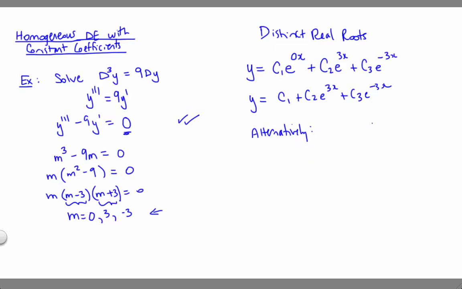One question that often comes up is sometimes people wonder about the order of the terms, and the idea here is that you can write these terms in any order that you like. So just to give you an idea of some alternative answers, you could have written, say, c1 e to the 3x plus c2 e to the minus 3x plus c3, many other possibilities for orders of terms as well.